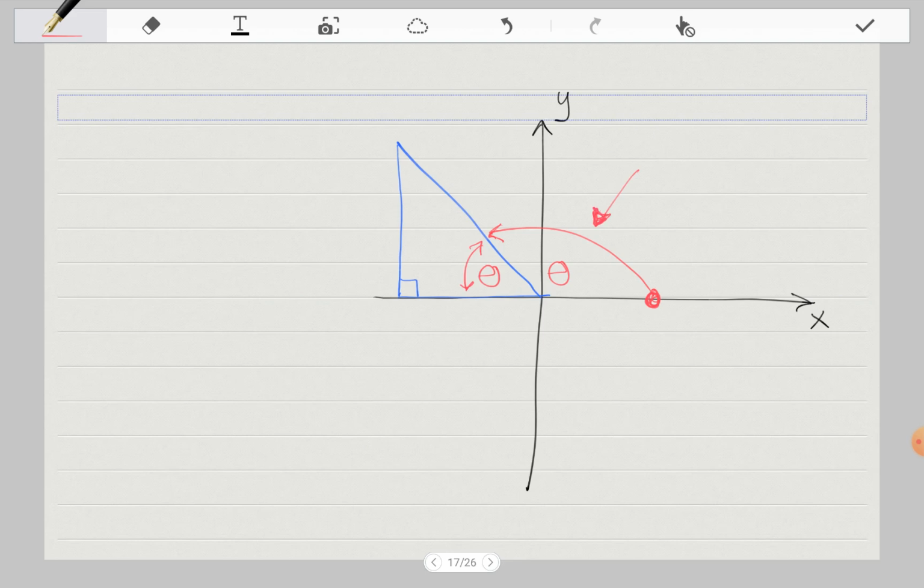To make up for this discrepancy, orientating the theta around in different quadrants, we make use of something called the reduction formula.